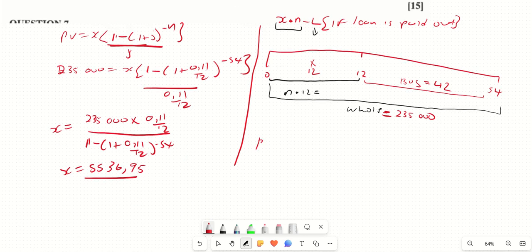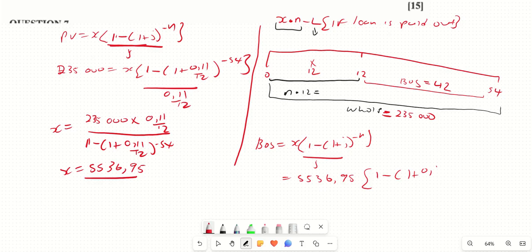The balance outstanding is equal to x times 1 minus (1 plus i) to the negative n, over i. This is the negative n we're talking about. This is the installment, times 1 minus (1 plus 0.11 over 12) to the negative 42, because we're looking at the balance outstanding here. Let's check how much it will be.